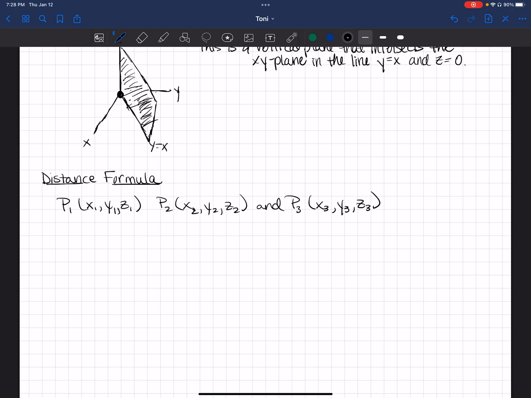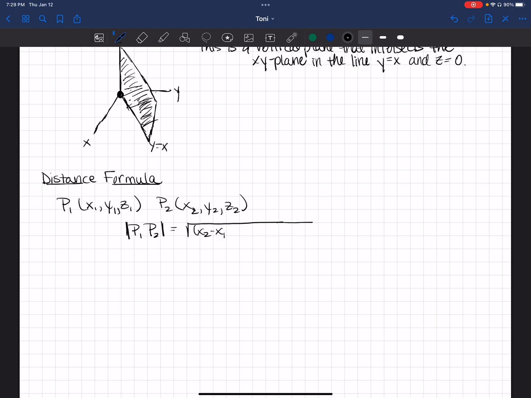Okay, we don't need P3, I'm sorry. The distance between P1 and P2, we denote with what looks like absolute value bars. It's just saying the distance between them. That's what's used to denote that. Nobody may have ever told you that.